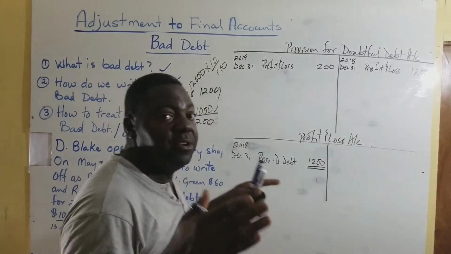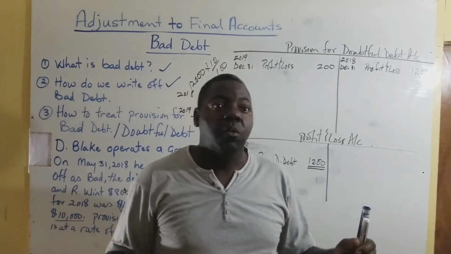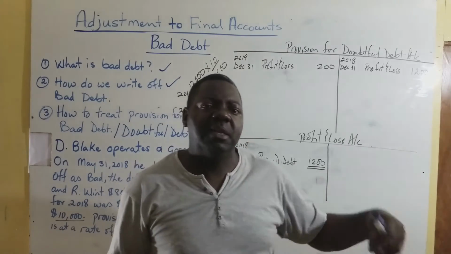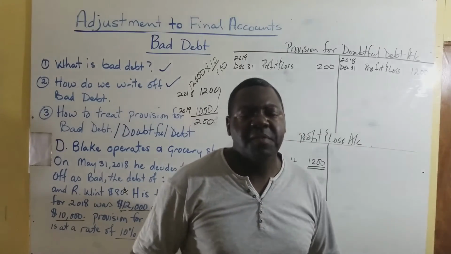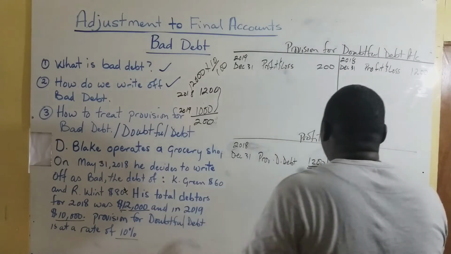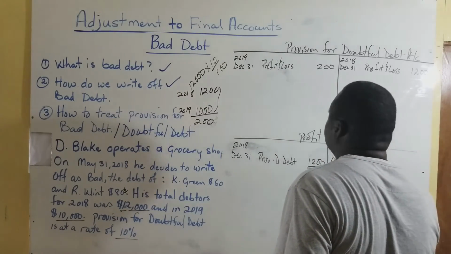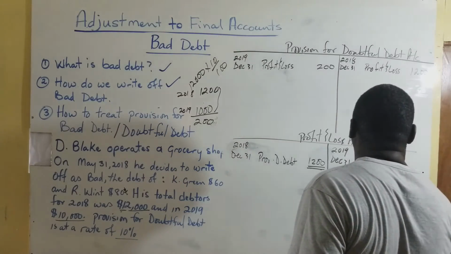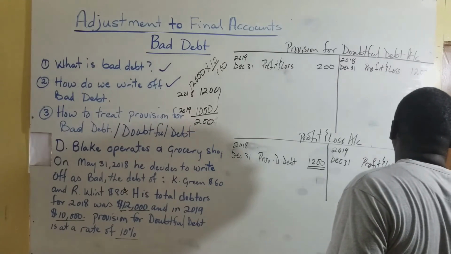I said earlier that the provision account is treated as a liability. Therefore, when we are creating the provision, we record on the credit side, because it's a liability account. So if it is decreasing, then it goes to the debit side. If we debit here, we must credit here, which is 2019, December 31st, profit and loss, 200.